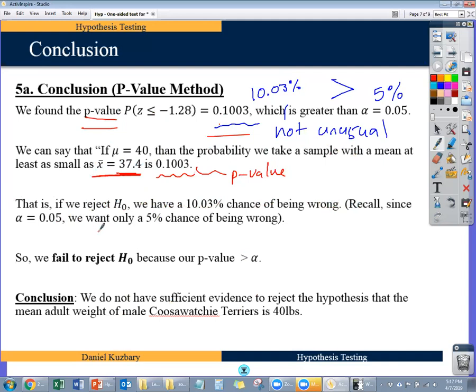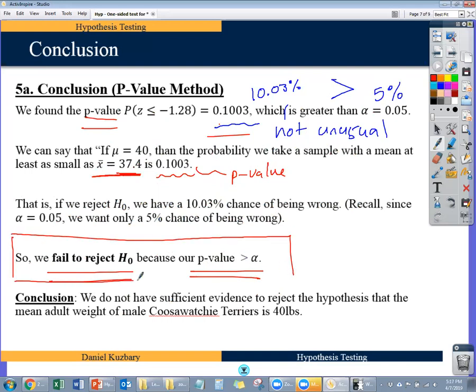We don't want to do that because we only want to have a 5% chance of being wrong. There's really a 10% chance that we get this mean, and we were only going to be upset if there was a 5% chance we got it or something less. So we're going to fail to reject H naught because our p-value is bigger than alpha.